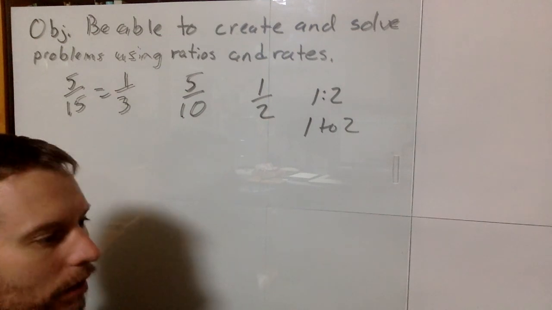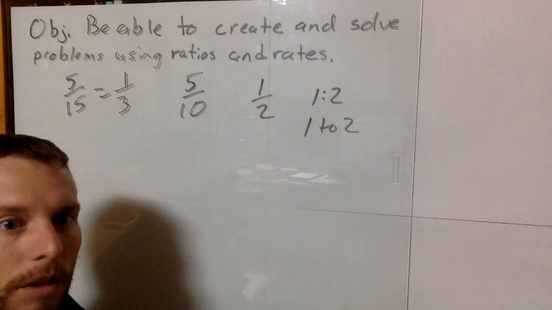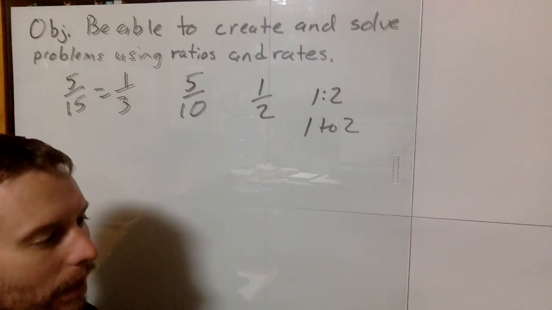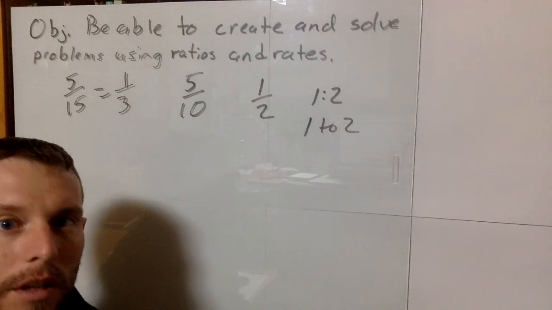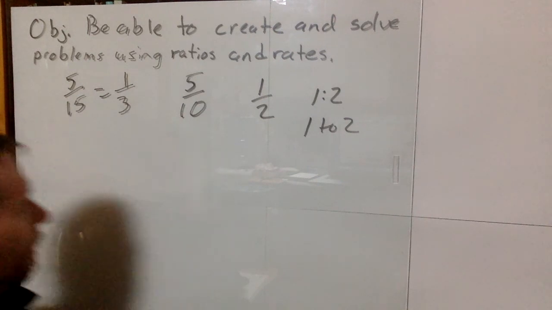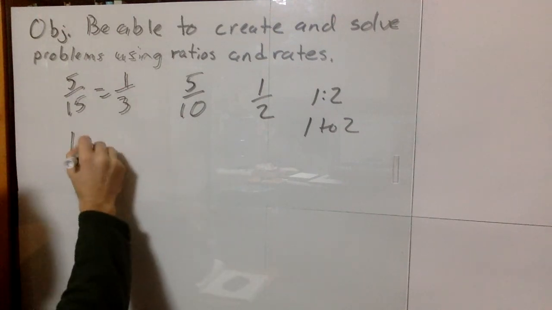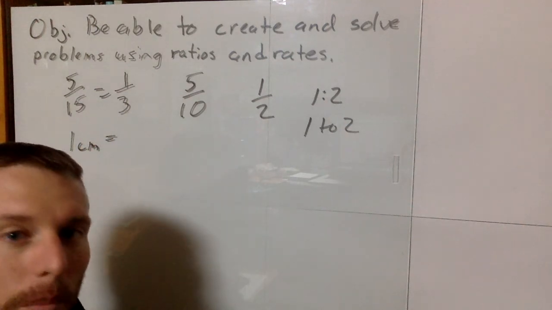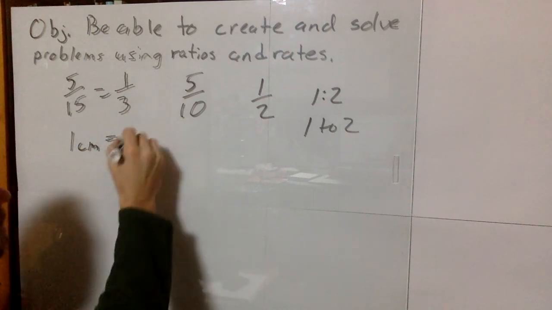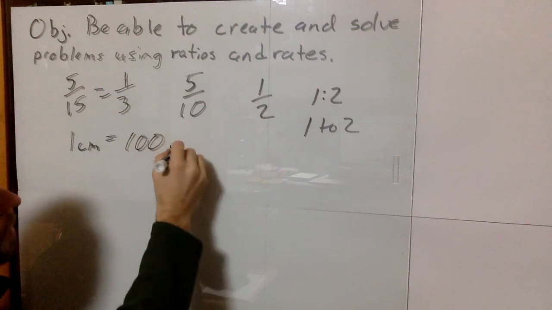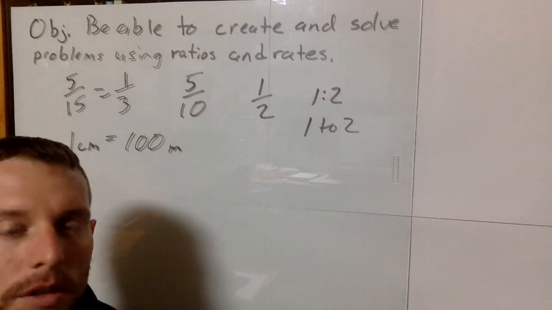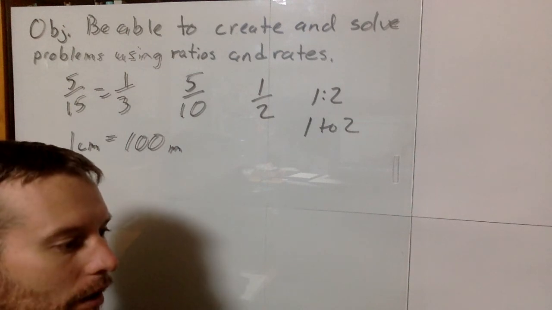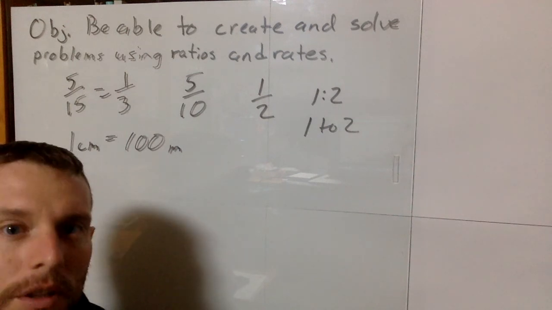Another one you want to be a little careful of is, let's say you're looking at a map, and the legend says 1 centimeter on the map equals 100 meters in real life. This would be the scale of the map.